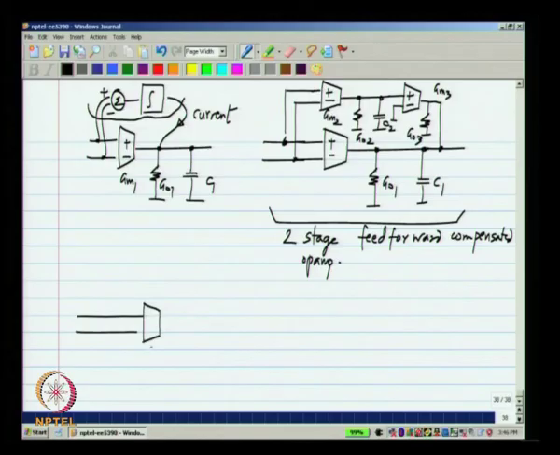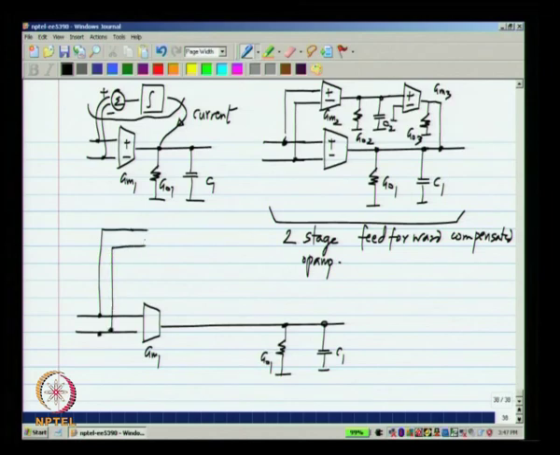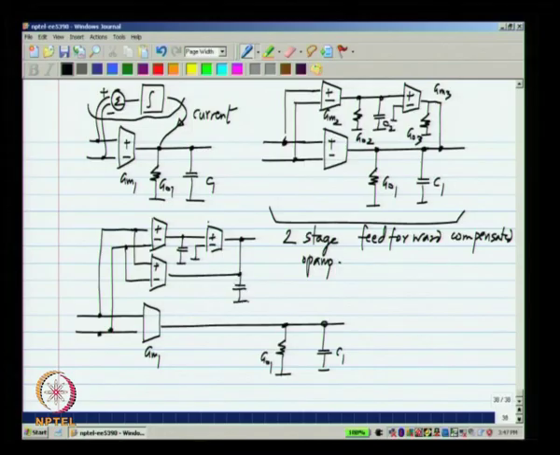So, let me draw my GM1, G01, C1. Because of lack of space, I will not show the output resistances of these transconductors, but they are there.